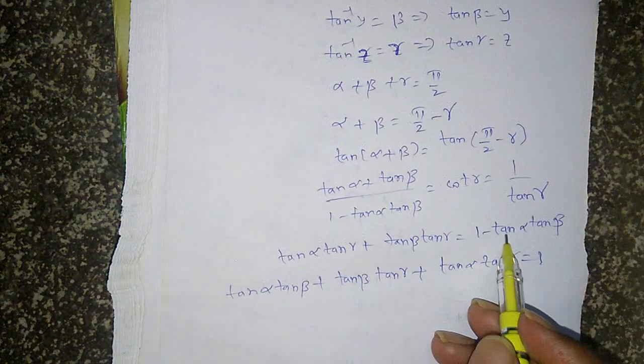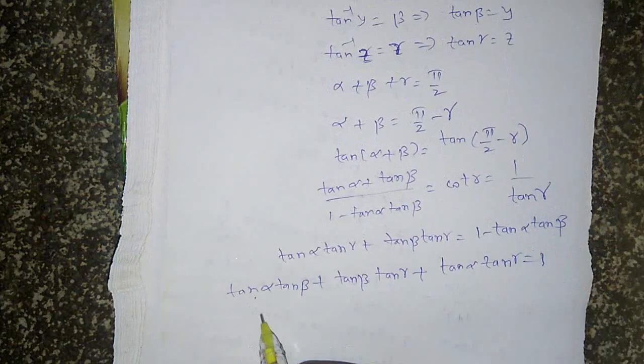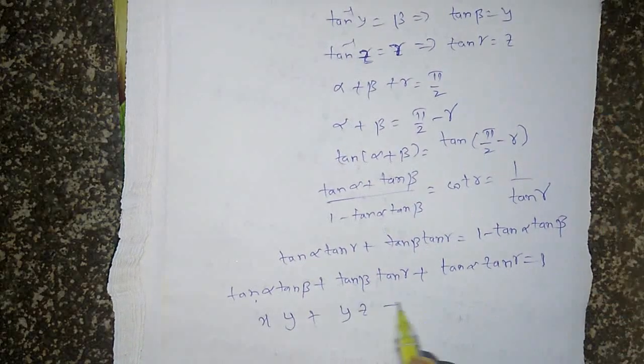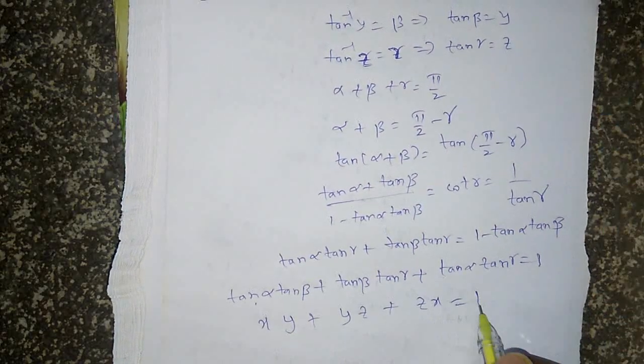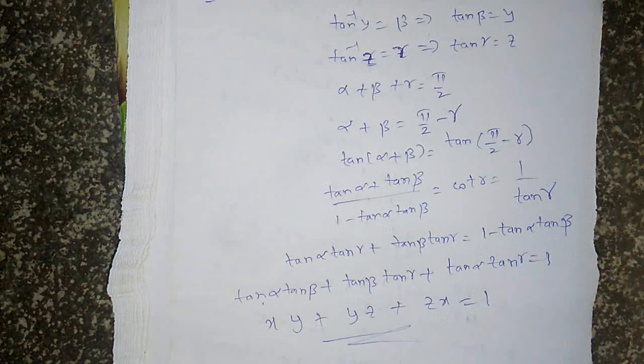So now tan alpha value is x and tan beta value is y. Here y into z, here z into x, that is equal to 1. That is the required value.